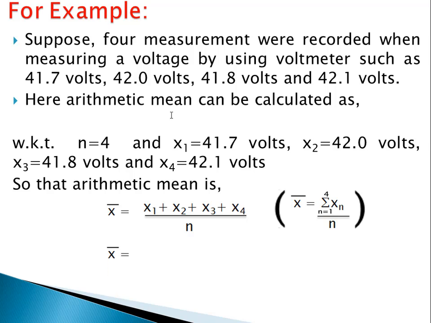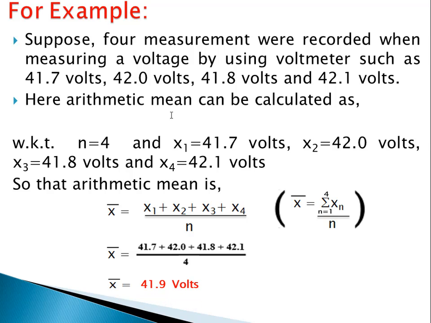Substitute the values which we have measured in the above equation, and we will get the expression as this. Now, after calculating this expression by using your calculator, you will get the answer as 41.9 volts.